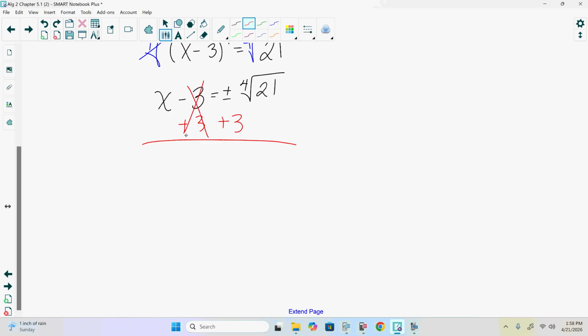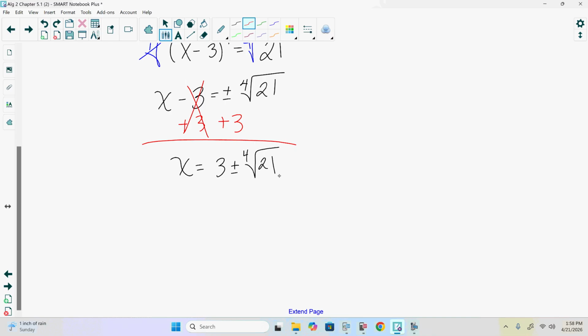Because our negative 3 plus 3 would be 0, leaving us with x is equal to 3 plus or minus the fourth root of 21. And especially whenever we have that plus or minus, we want to put whatever we add or subtract to both sides in front of the plus or minus, signifying just that the fourth root of 21 is the positive and negative, not the whole thing. Questions on this here?